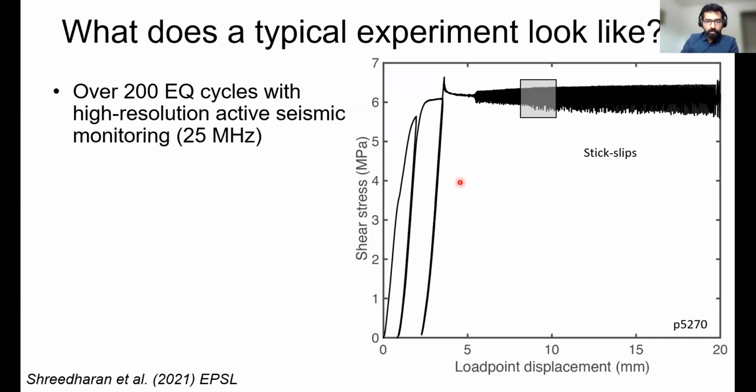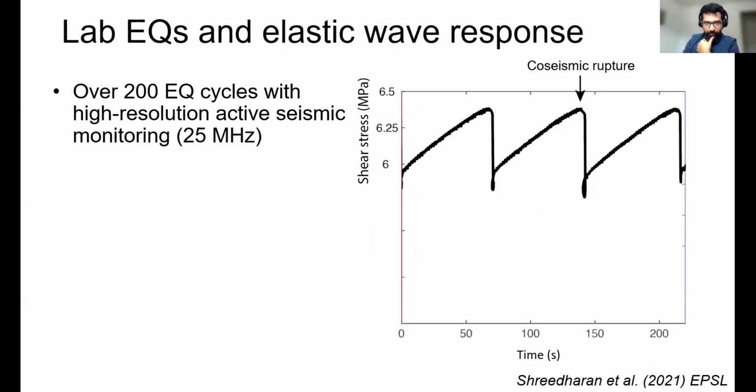Okay, so going back to the lab experiment, in the next few slides I want to zoom into a very tiny portion of the experiment, and we're going to dissect a couple of these lab earthquakes so we get a sense for what's going on during them. First, let's look at the shear stress evolution for 3 of these events.